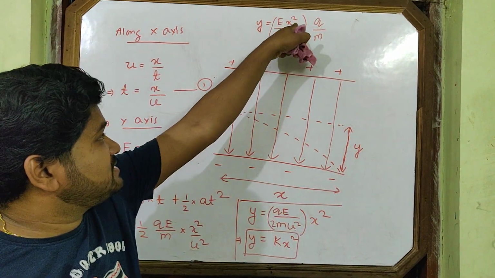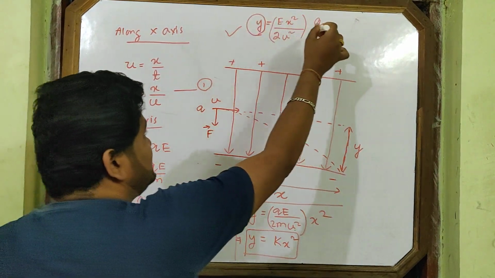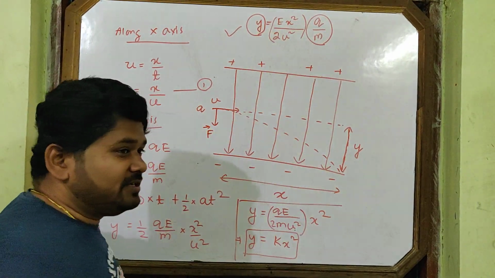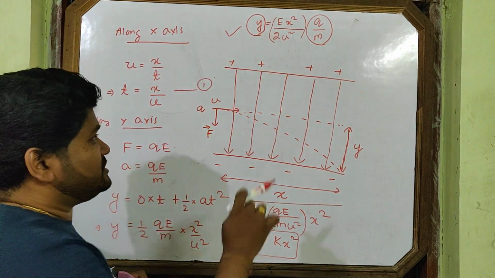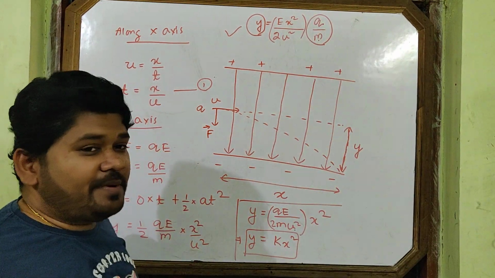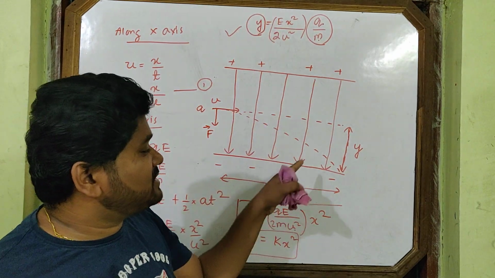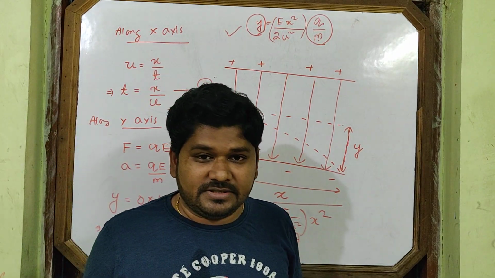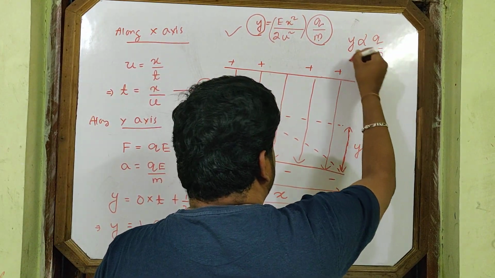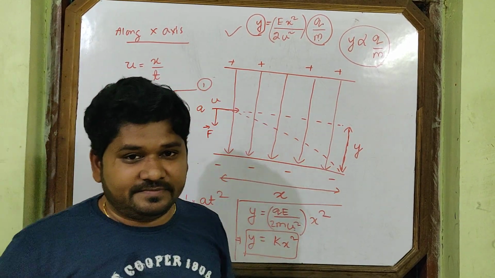For constant x, for different particles, you see the vertical deflection depends on the q by m ratio. One concept you can get here to solve some questions. The vertical deflection depends on the q by m ratio of a particle. The more the charge to mass ratio, the more the vertical deflection for constant x, for the same x. For the same x, y is directly proportional to q by m for different particles.